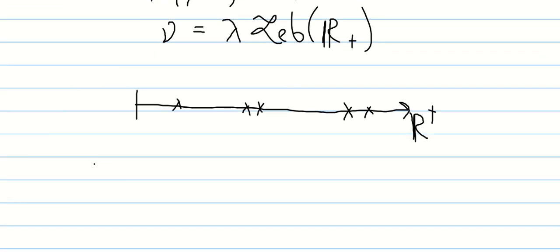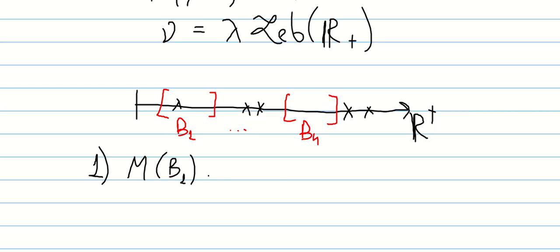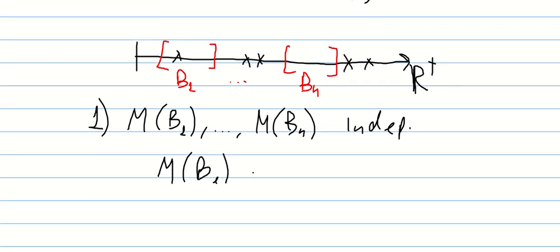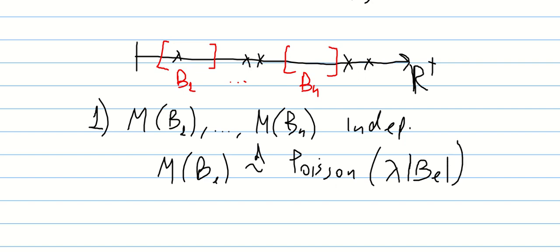Now, two important observations. First, the number of points falling in a collection of intervals like this. So if this is B1 and this is Bn, the number of points in B1, ..., the number of points in Bn is independent, and the number of points in Bl is distributed as Poisson of lambda times the Lebesgue measure of Bl, that I'm going to denote like this, loose notation.